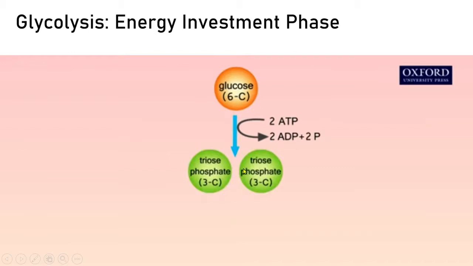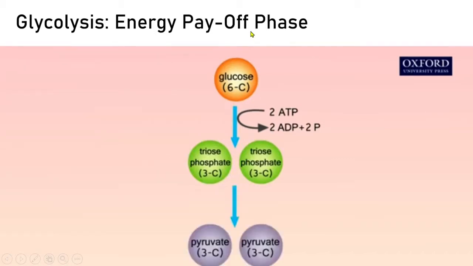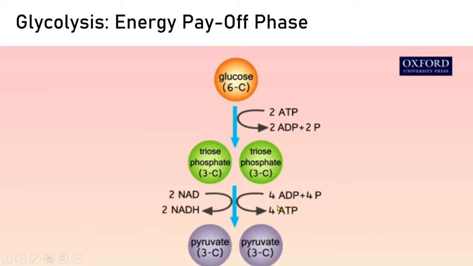But it's not yet done, because we have the energy payoff phase, wherein the 3-carbon intermediate will now be converted into pyruvate, which is also 3-carbon. But the conversion of the 3-carbon intermediate into pyruvate will produce 4 ATPs and 2 NADH.